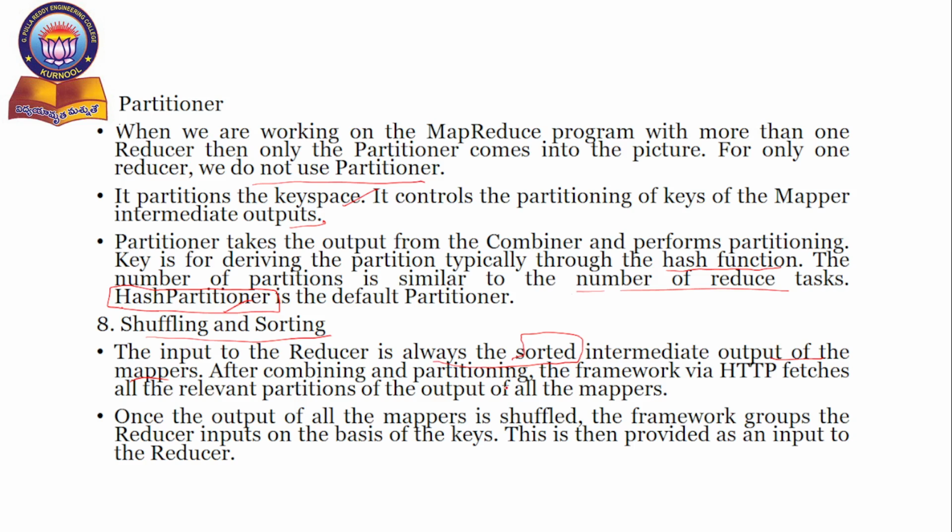After combining and partitioning, the framework fetches via HTTP all the relevant partitions of the output of all the mappers. Once the output of all the mappers is shuffled, the framework groups the reducer inputs on the basis of the keys. So based on the input keys, it sorts the data. This is then provided as input to the reducer.